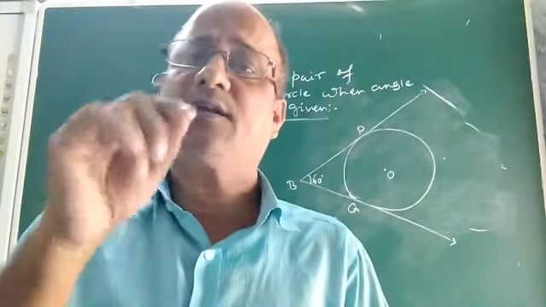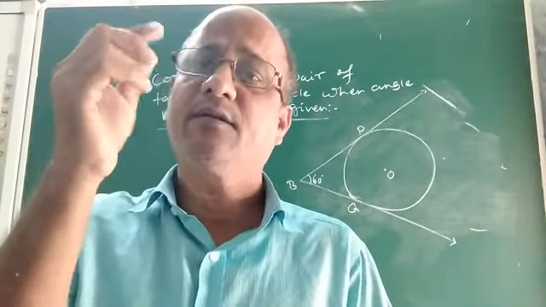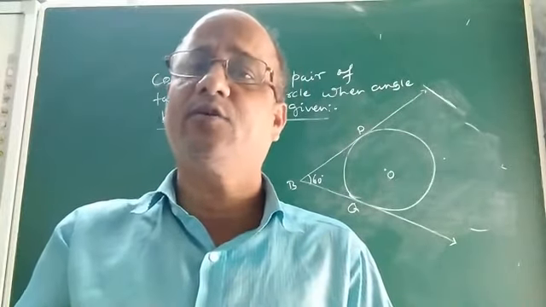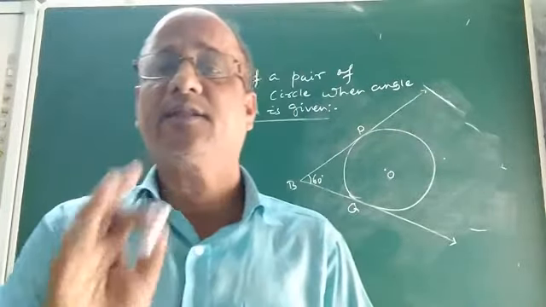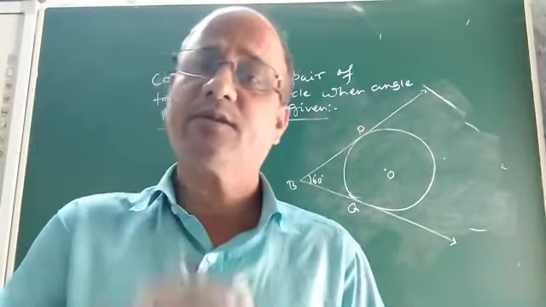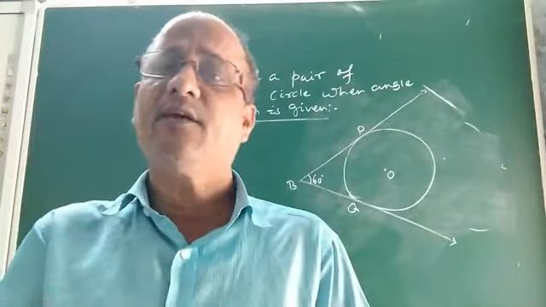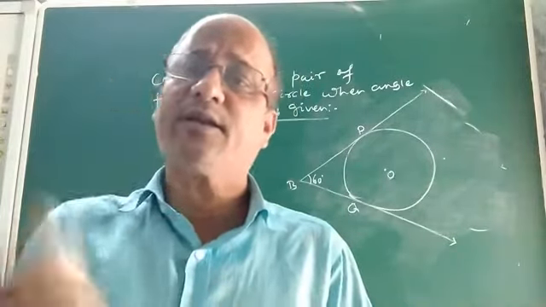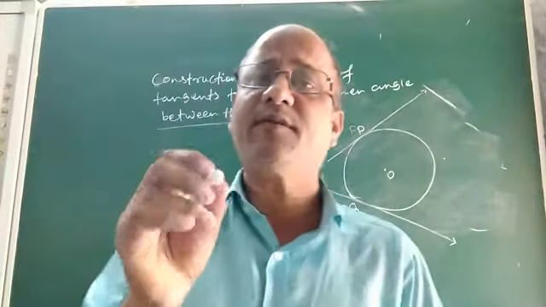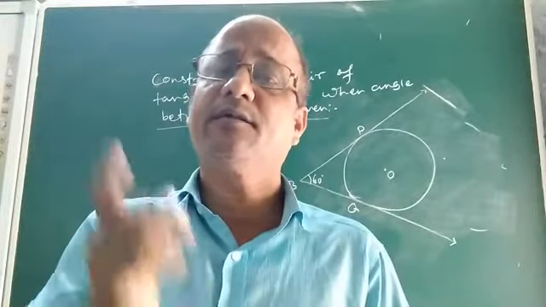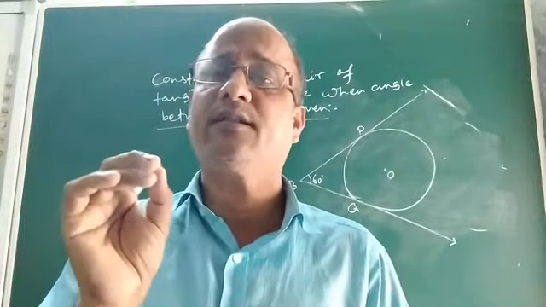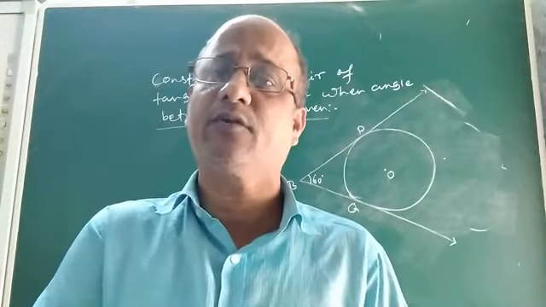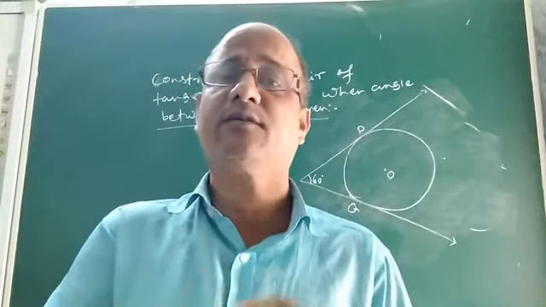One is that the scale factor in the numerator is less than the denominator: how to construct a triangle similar to a given triangle was discussed. And in the second case, if the numerator is greater than the denominator in the given scale factor, how to construct a triangle similar to the given triangle. It was also discussed, second construction.